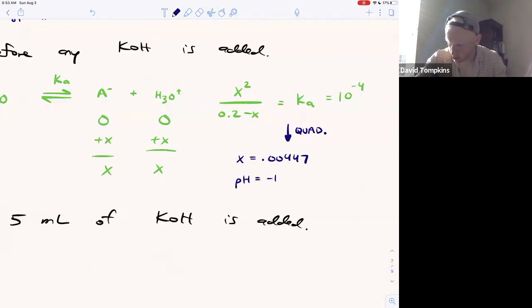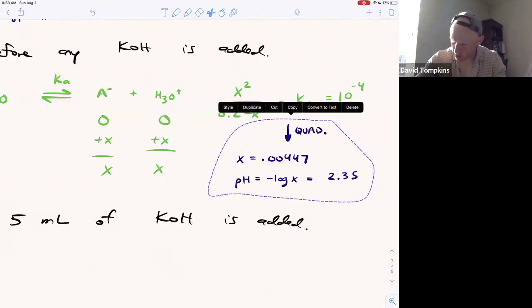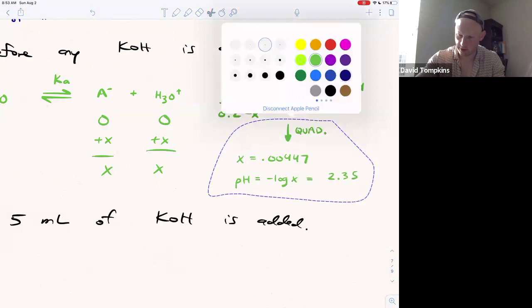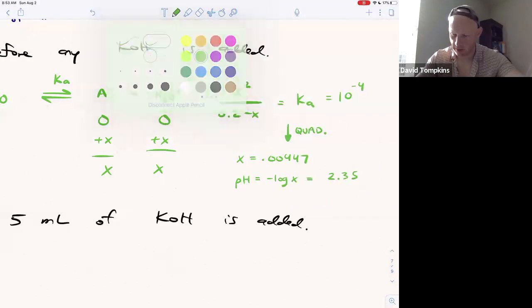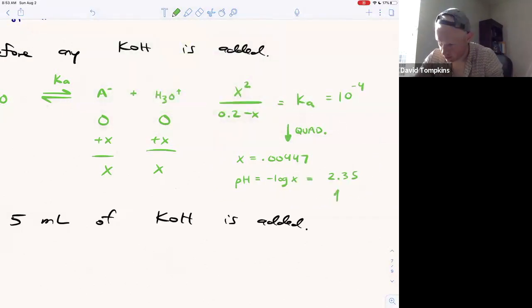So the pH is the negative log of X, which is 2.35. And that proves we have a weak acid alone, right? It's confirmed by an acidic pH. Not only is that pH less than 7, but it's also less than the pKa.